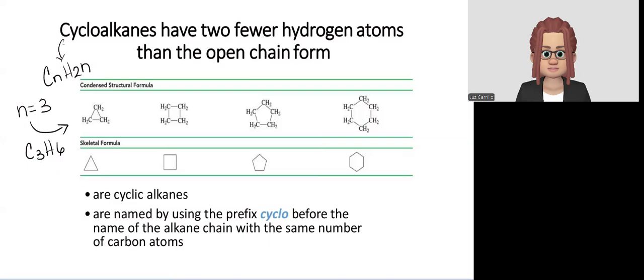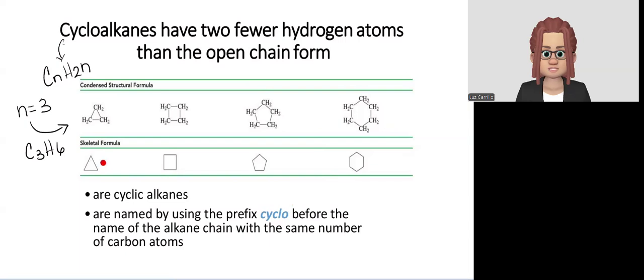Now, we see illustrated 3 carbons in a cyclic system, 4 carbons in a cyclic system, 5 carbons in a cyclic system, 6 carbons in a cyclic system. These have a specific way that they're named. Since they are cyclic alkanes, we have to put the prefix cyclo to signify that they are cyclic.